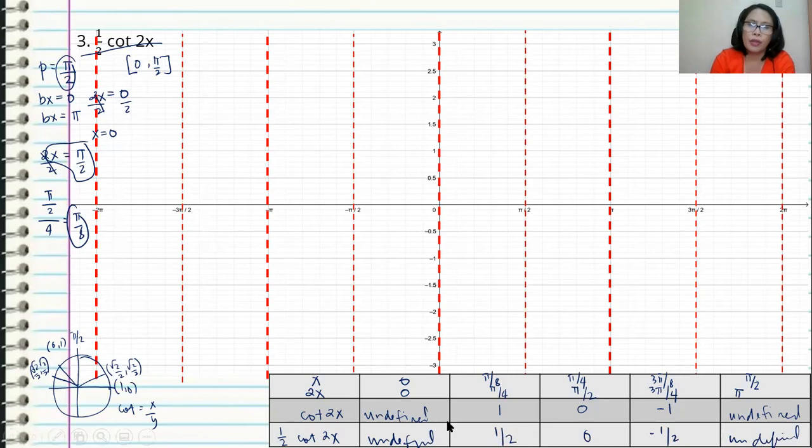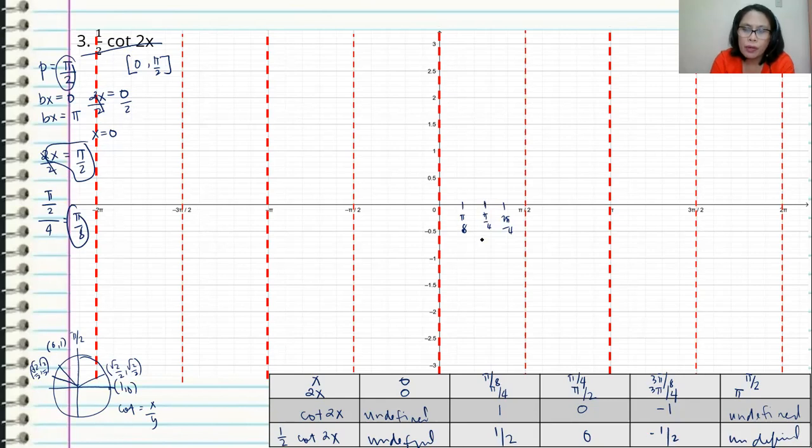Okay. So plotting the points, from 0 to pi over 2 here. So if this is from 0 to pi over 2, this is pi over 4, this is pi over 8, and this is 3 pi over 4. For pi over 8, this is 1 half. And then for pi over 4, we have 0.